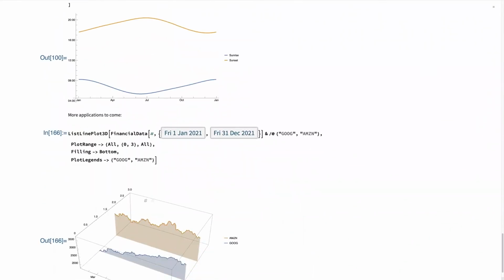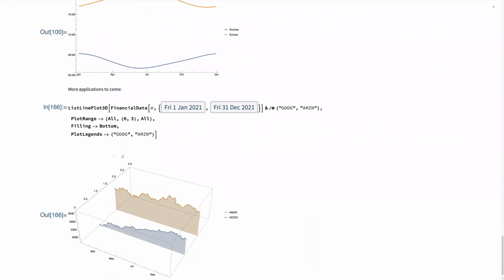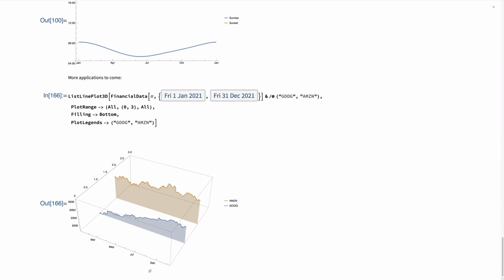For example, in this line plot 3D, you could have 2 time series and just plot it, and then you will have the date ticks, so that we don't need to introduce date line plot 3D or date bubble chart or date anything plot. The date scales will just be exploited and rolled out in all these functions that have scaling functions.